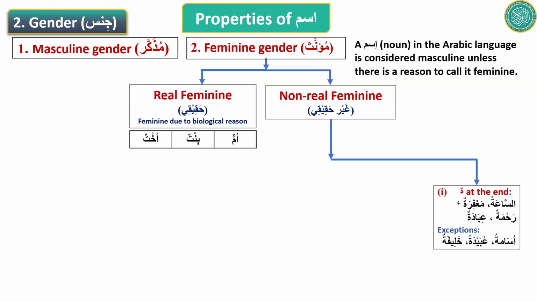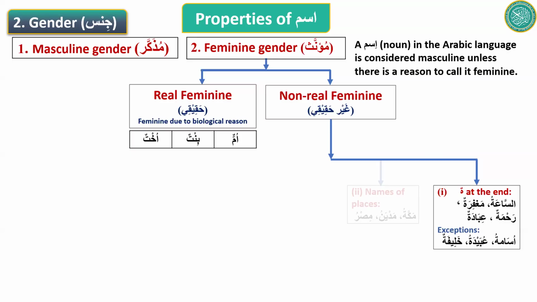If you see a word ending with round ta, the ta marbuta, then it is most likely a feminine word. And as you see, there are some exceptions: Osamatu, Ubaidatu, or Khalifatun. So they have ta marbuta at the end, but they are still considered masculine. So there are some exceptions, but most of the time, a word ending with ta marbuta, round ta, will be feminine.